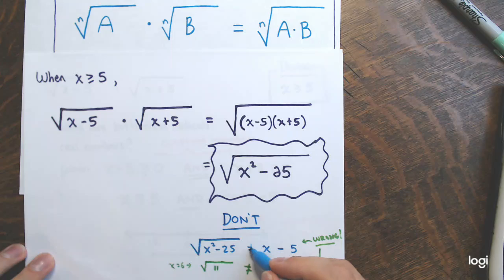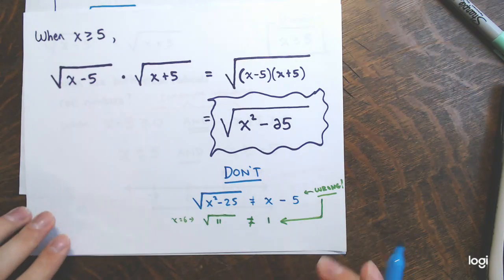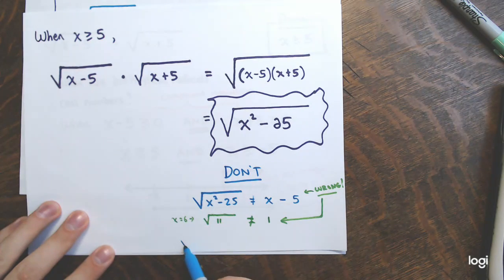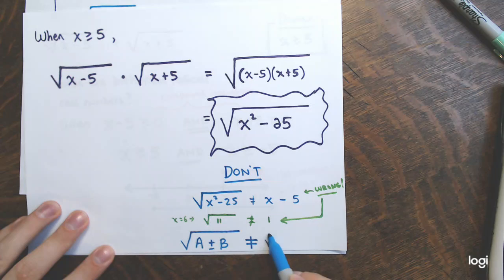The point I'm trying to make here is this. When you see the square root of a sum or a difference, so the square root of a plus b or the square root of a minus b, that is not equivalent to the square root of a plus or minus the square root of b.